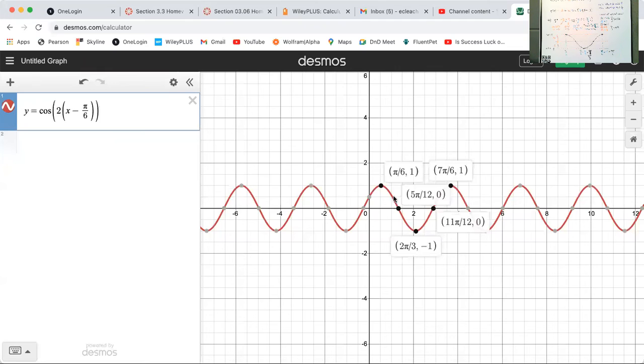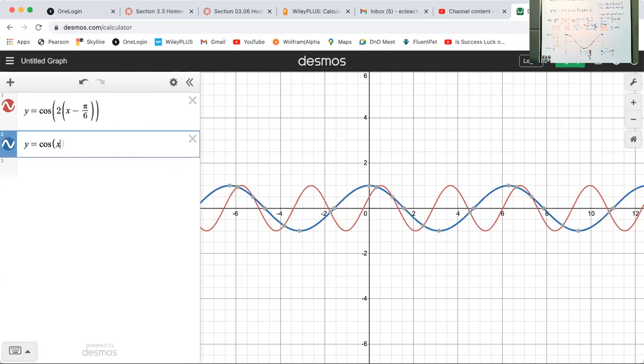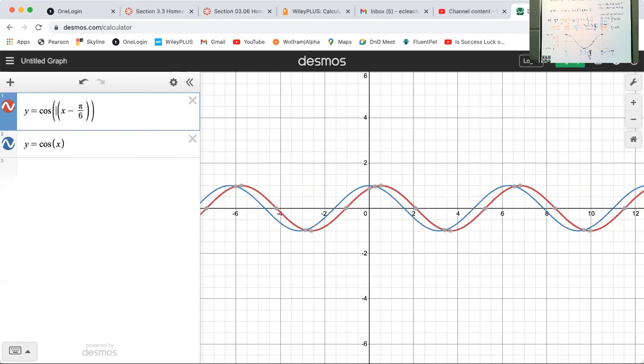But we did a shift from cosine x, where the top was at 0, 1.